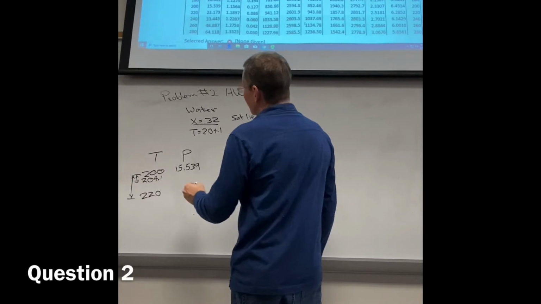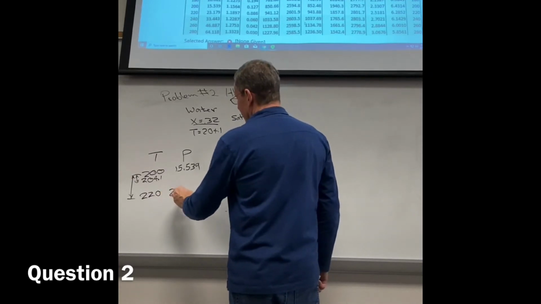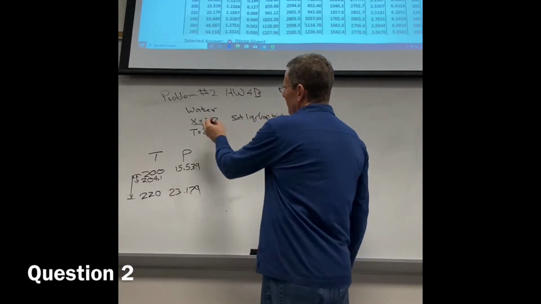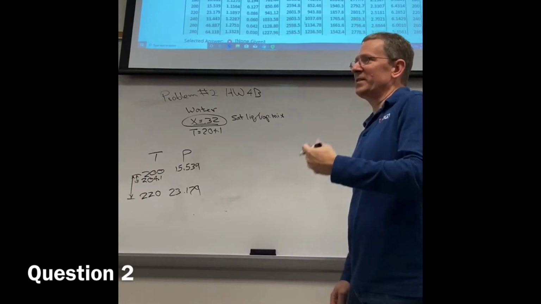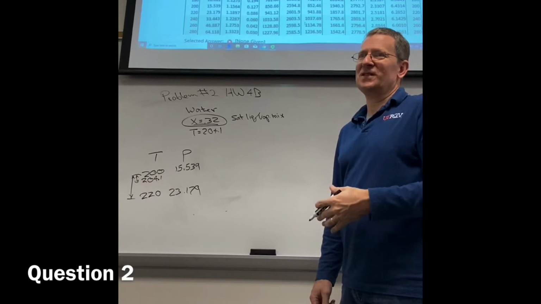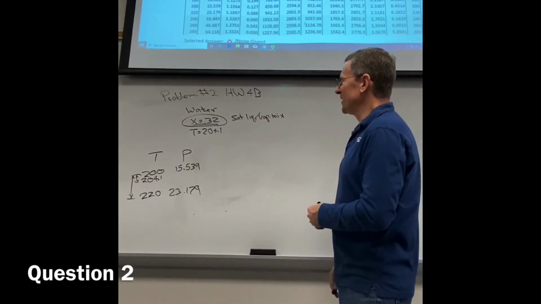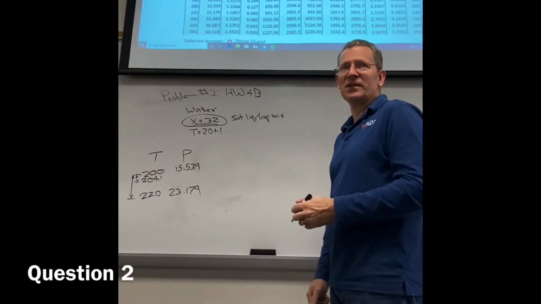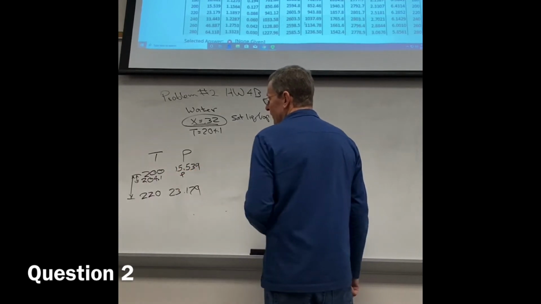So it's no different than the last problem. We have a temperature, we have two pressures, and ultimately what it comes down to is this does not affect the answer in any way. The only thing it affected was it let us know it's a saturated liquid-vapor mixture, that we're in the right tables. Once we've established that, if your friend had the exact same temperature but it said 0.45 was the quality, you'd both have the same answer. So we're going to do it exactly the same way. We're trying to find this pressure here.